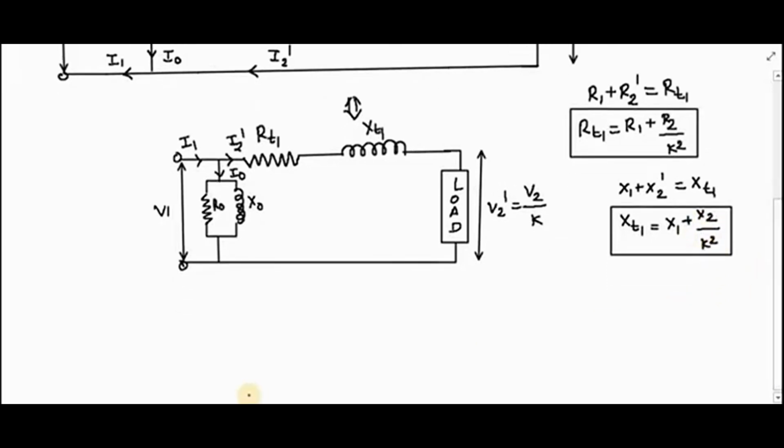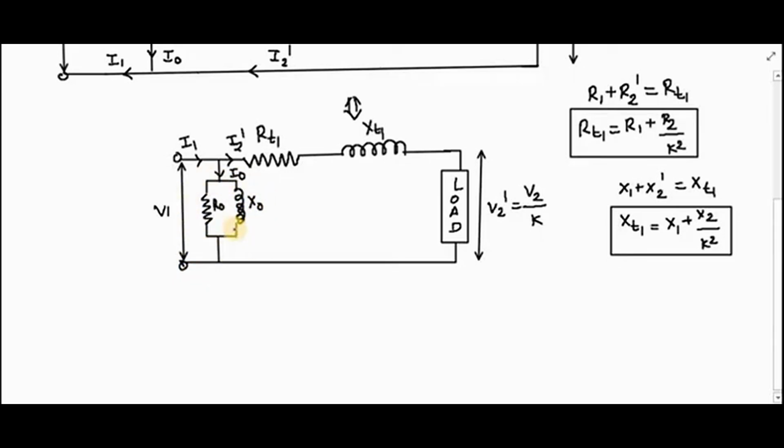Now students, for studying the effect of the load on the secondary terminal voltage, the equivalent circuit is frequently simplified further by dropping altogether the shunt circuit, which consists of your R0 and X0.